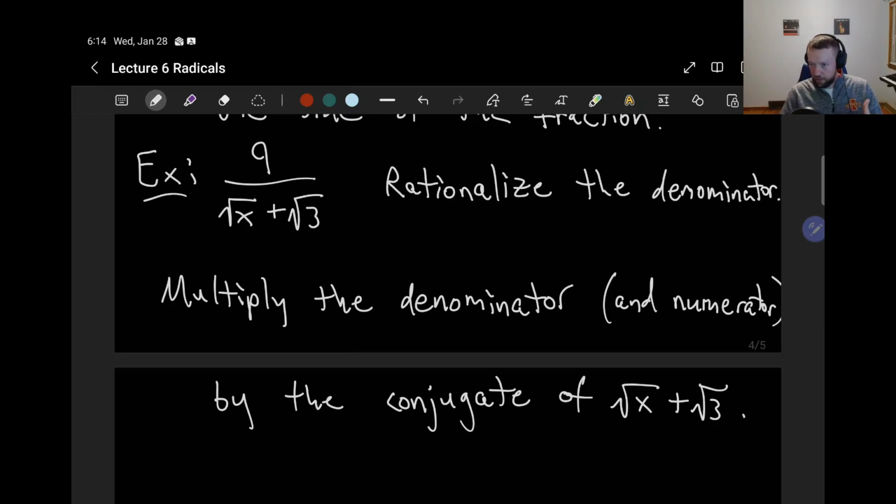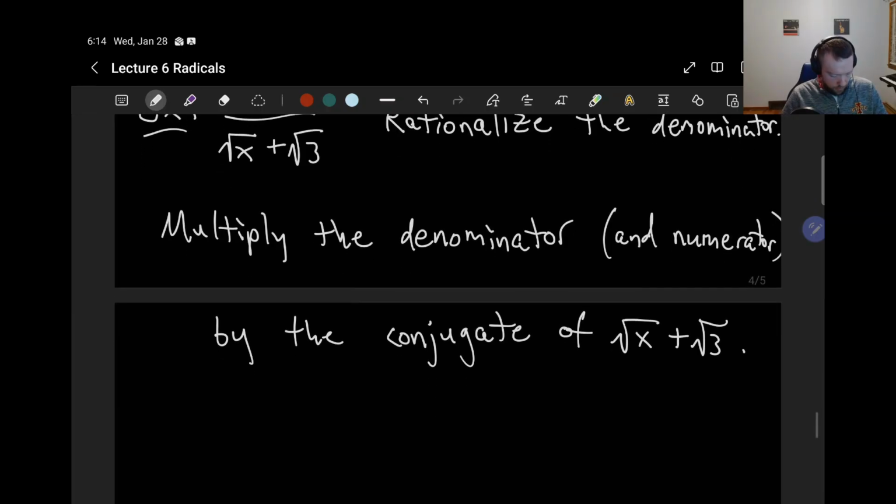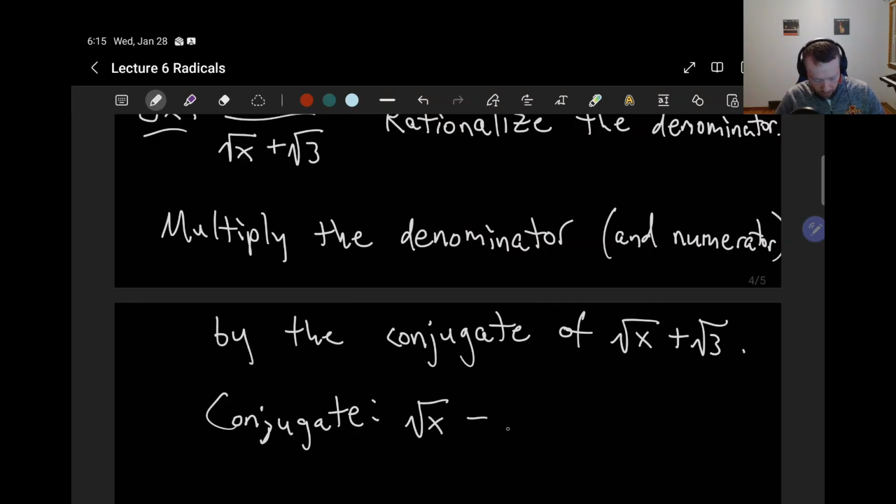Of this radical expression. The conjugate is something that's designed so that when I multiply by it, these radicals, or these square roots in particular, will go away. Right, so the conjugate, it's the same thing, but you change the sign. So the sign that's between the two radicals.